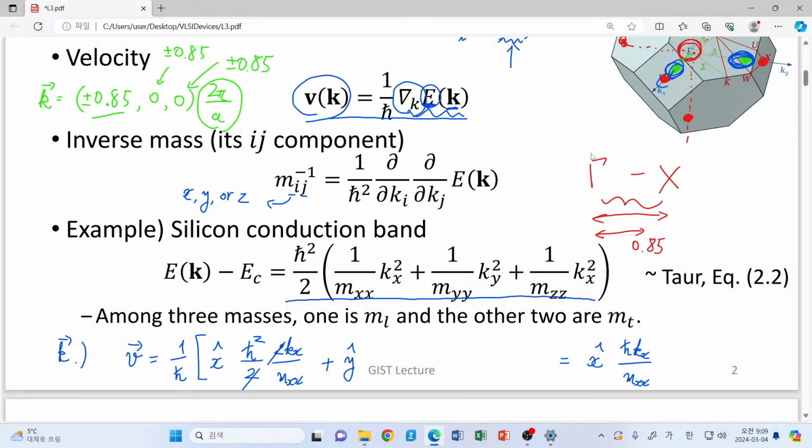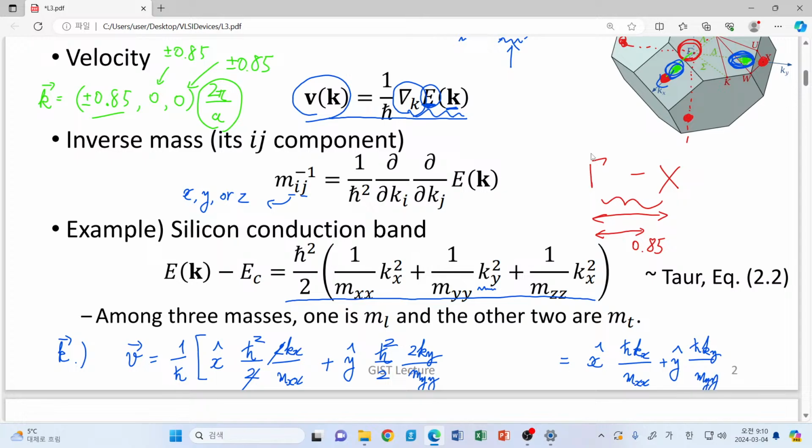Then for y directional we have to take the partial derivative with respect to ky, and that will give you once again ħ squared over 2 m_yy times 2 ky. So your y directional velocity is simply given by ħky divided by m_yy.